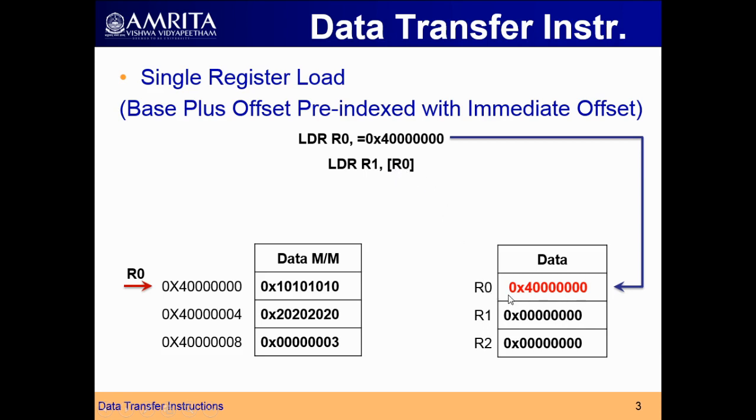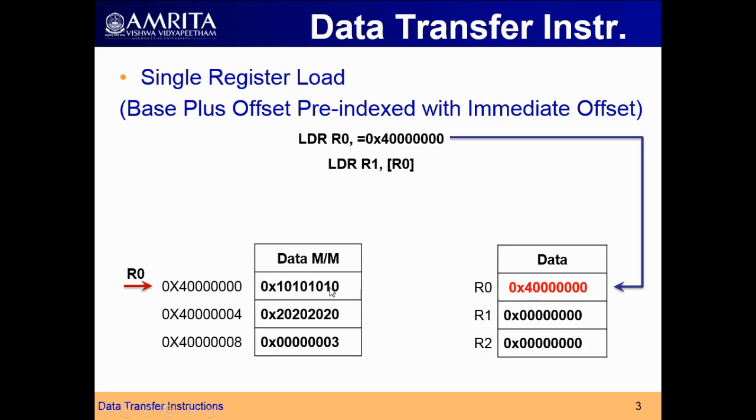An address, right? So R0 is a pointer to this address. So what will be the data pointed by this R0? That is the data present in this address, right? Bracket R0 means you are going to move the data pointed by R0. So in this case, the data pointed by R0 is nothing but the data present in this address.